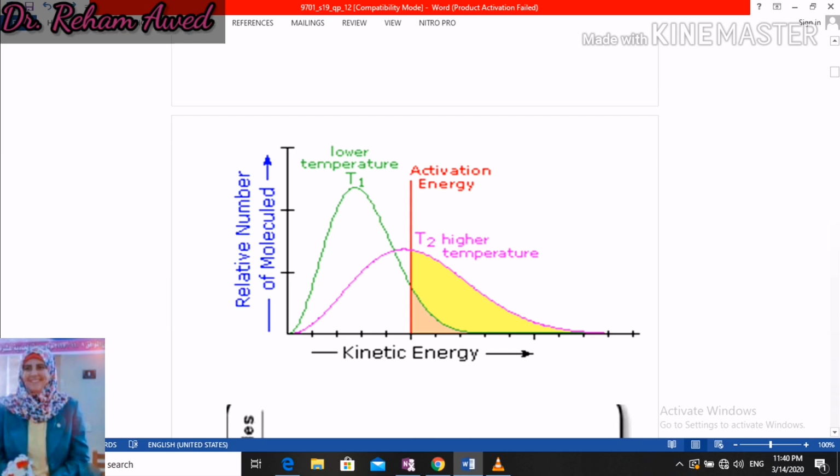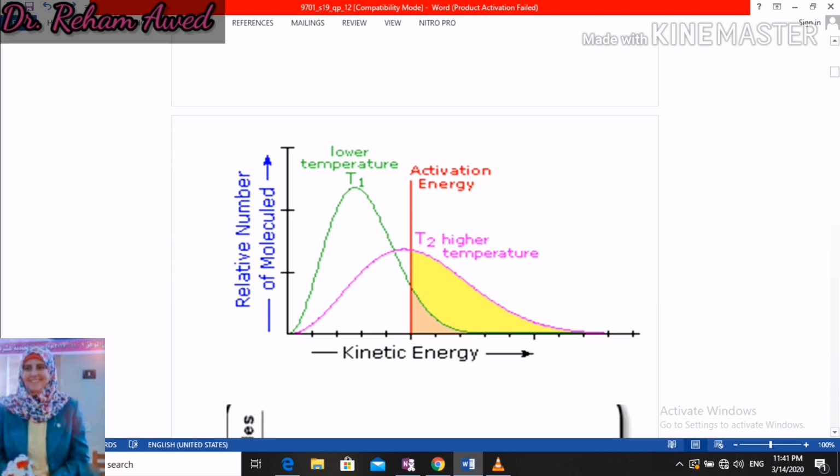So, Boltzmann draws the relation between the kinetic energy and the relative number of molecules. At low temperature, we have a curve, and under the curve, we have a small number of molecules with enough energy to start the chemical reaction. And when we increase the temperature, take care, the top of your curve will be lower.